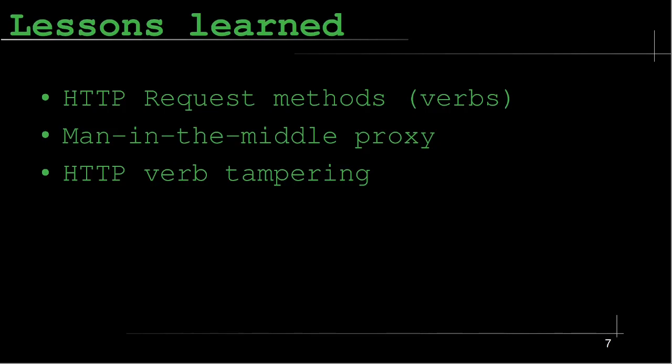We have discussed some of the most common HTTP methods, such as get, post, put, delete, head, options, connect, and patch. A man-in-the-middle proxy is a piece of software that sits between the browser and the web application and can intercept and inspect messages sent between them.